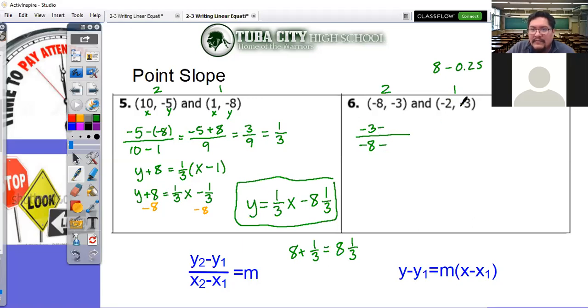Now here, don't forget this is your y, and that's the one we need on top. And actually that would be a -3. And this one would be a -2. So -3 plus 3, and right now I'm already kind of telling that there is something weird going on here, because I am going to end up with a 0 on top.